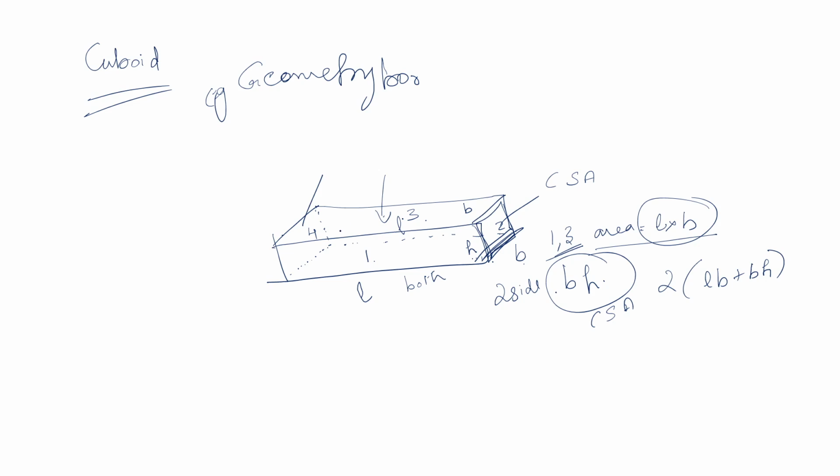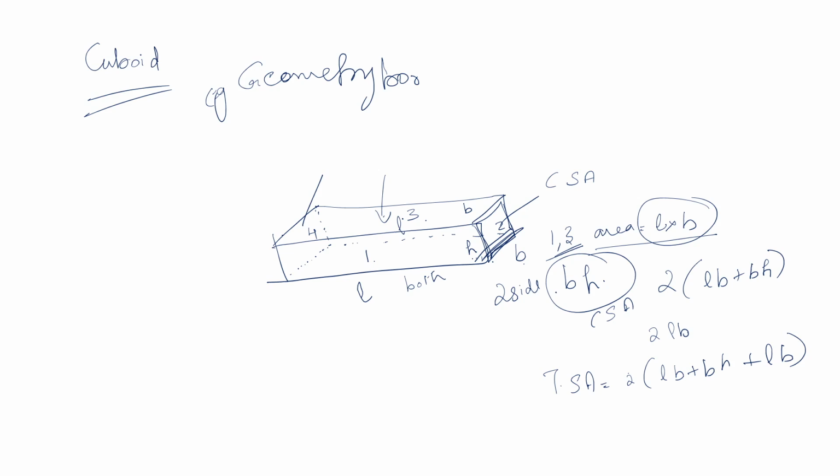So the top is LB and the bottom is also LB, so LB plus LB is 2LB. So the total surface area will become 2 times (LH plus BH) plus 2LB.